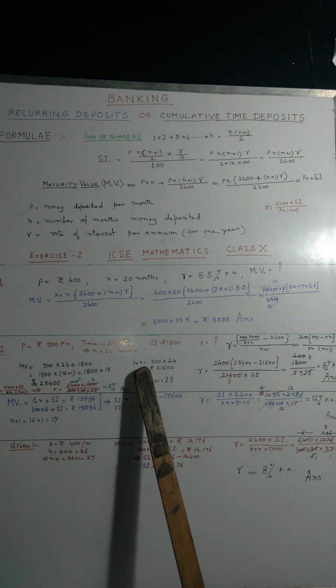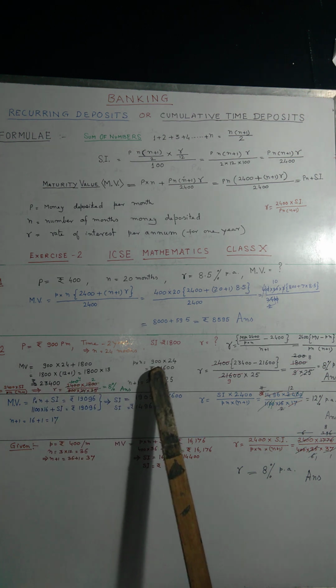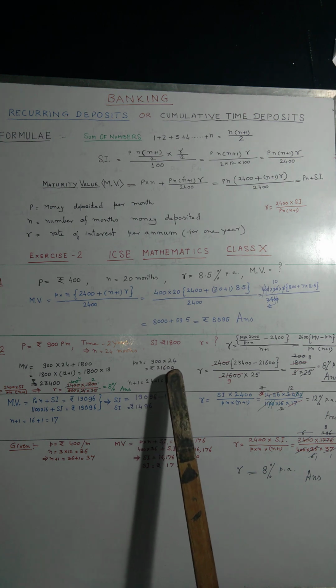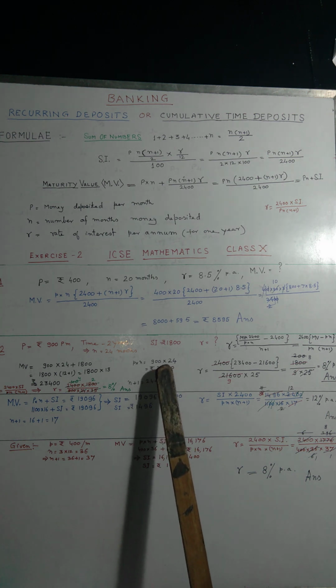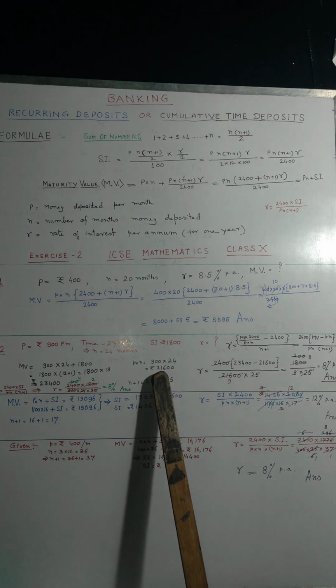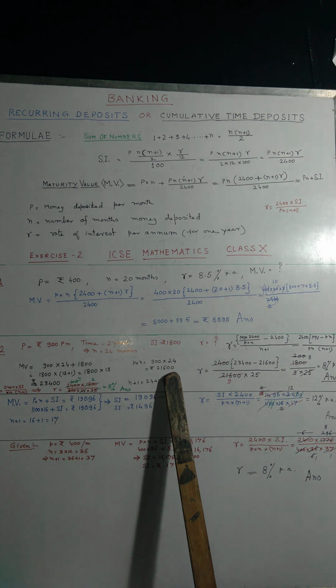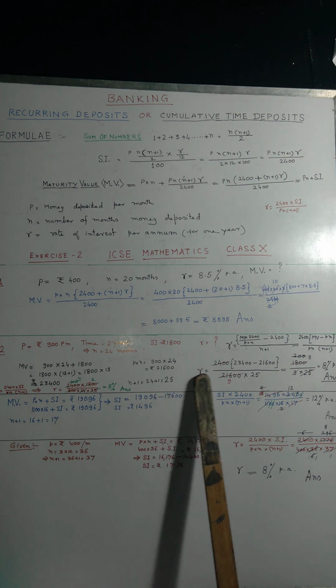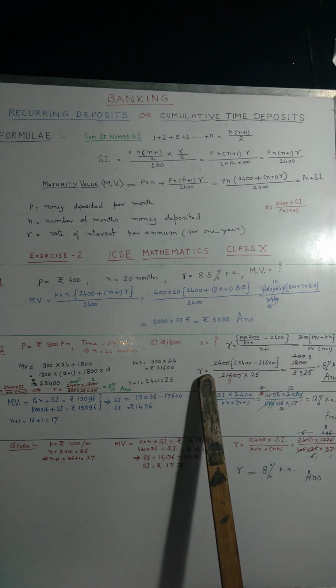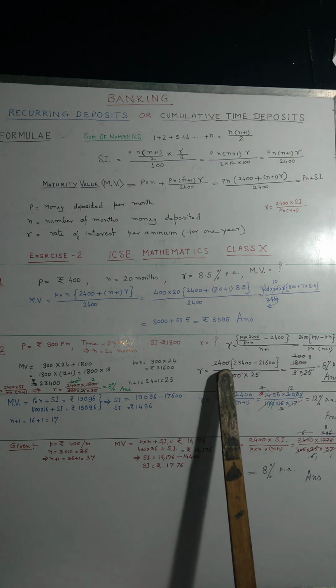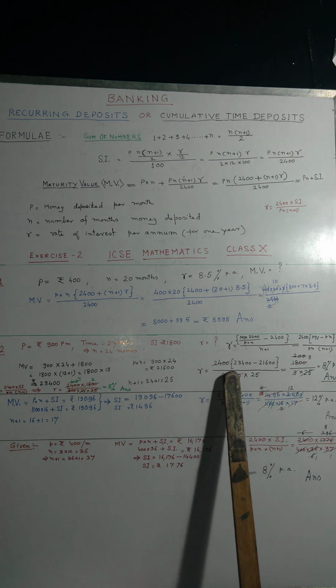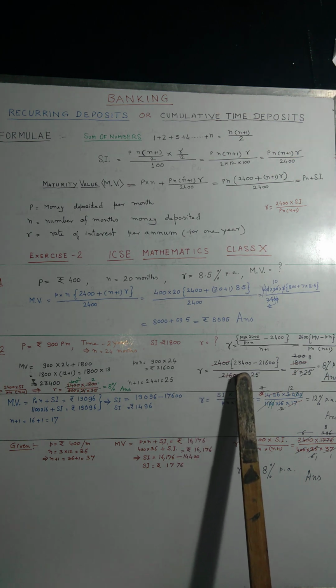So the maturity value we will get is 23,400. Pn, the total money deposited in 24 months, will be equal to 900 into 24, that is 21,600. So substituting these values, the rate of interest will be equal to 2400 outside the bracket.